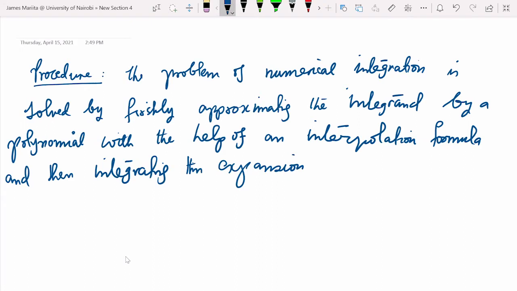Now, you approximate the integrand by a polynomial, which is done by an appropriate interpolation formula. Then of course you integrate the expansion between the limits of integration.